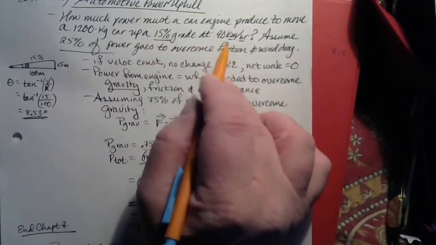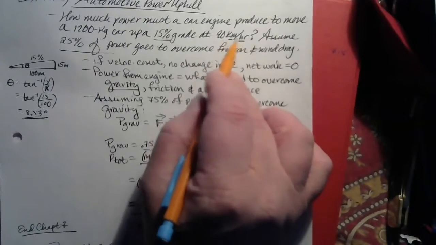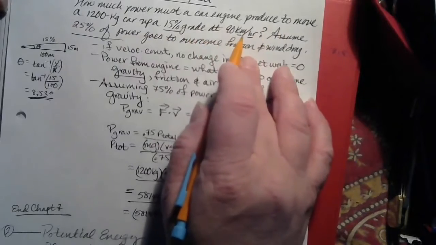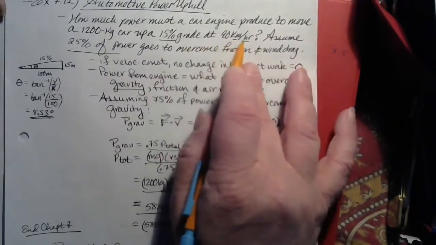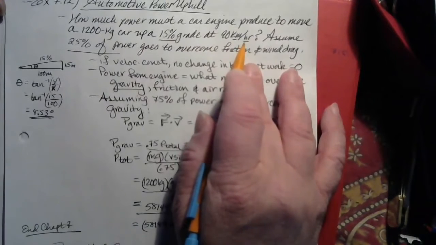Also, notice the units for the velocity, 90 kilometers per hour. We're going to need to change that to meters per second, but we can do that in a little while. Now, notice it didn't say explicitly constant velocity, but it gave a speed and it didn't say anything about acceleration or deceleration.